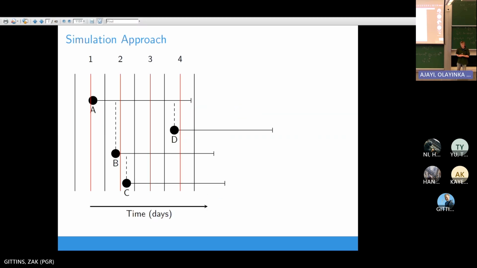What we've decided to do instead is partition the incidence data. So I've added in these red lines, and if you add in the red lines, you get 1, 1, 0, 0, 1, 0. And so now we've got a case where C could plausibly be infected by B, and that's what we want.